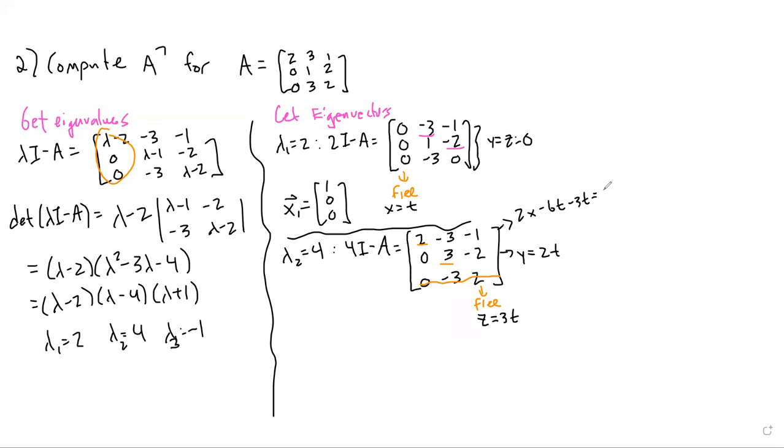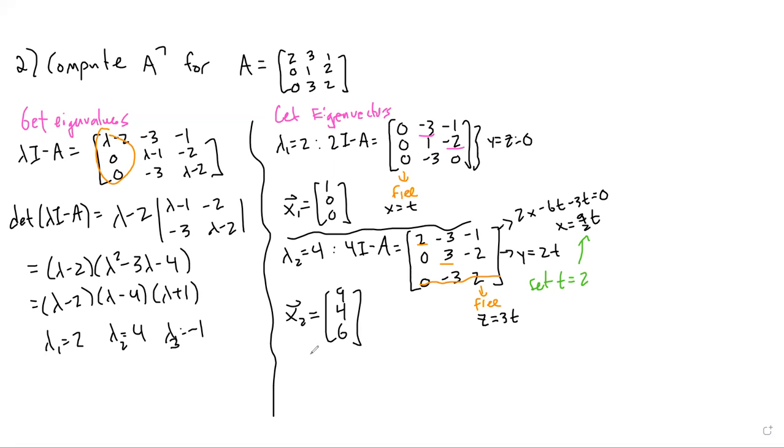So it looks like my number's not the best here. So what I'm getting is x is 9 over 2 t. So I'm just going to use 2t for this to get a nice vector. That way it's going to cancel out the denominator up here. Make sure you see that's a 9. And so I'll end up with a 9, 4, and 6 for this one.